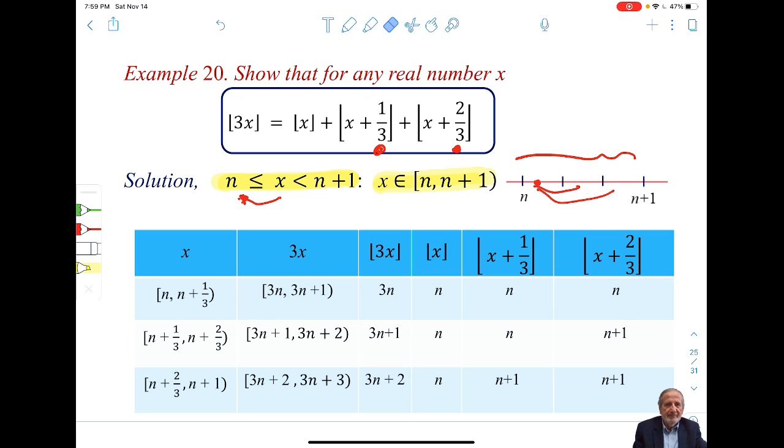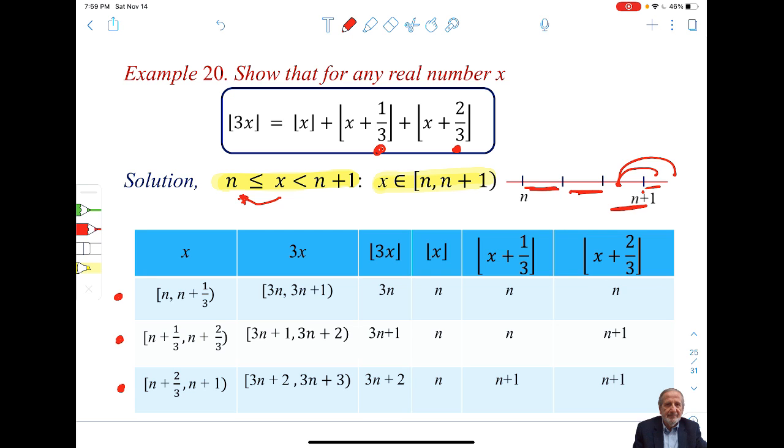But if your x is here, you add 1/3 and you add 2/3, you're outside here, then the floor function will be n plus 1. That's why we are distinguishing 3 cases. This case, this case, and this case. So x is in here, or here, or here, because I have to cover all the values of x between n and n plus 1.